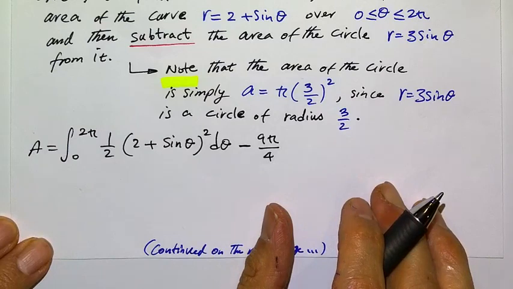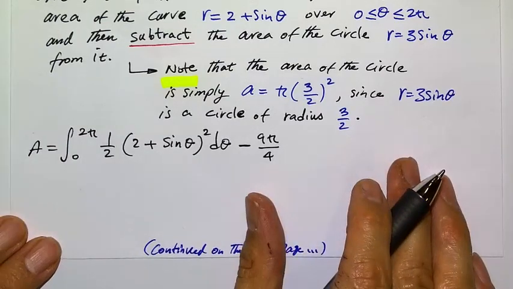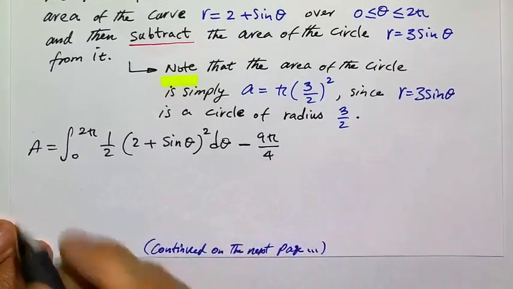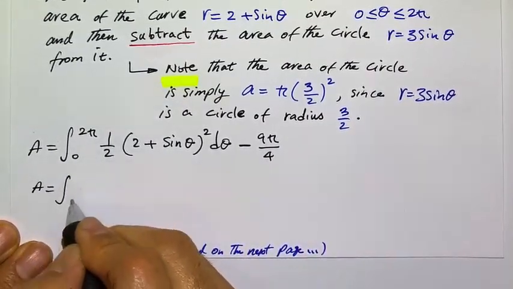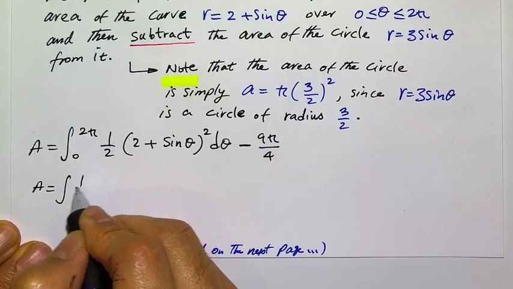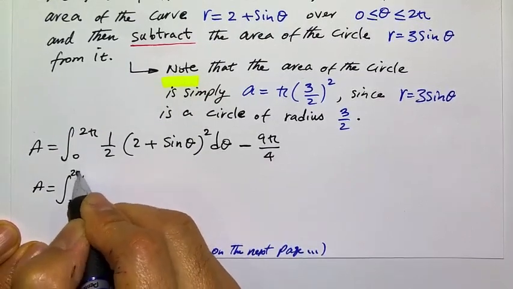Okay. All right, so then, let's expand this. So we have 1/2 from 0 to 2 pi.